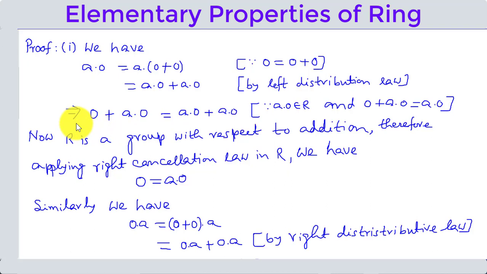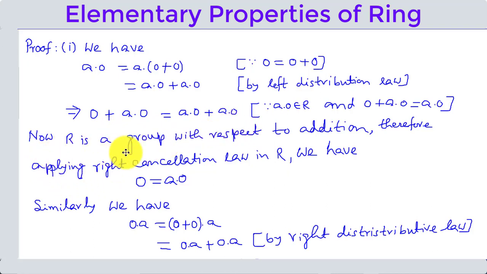Implies that 0 plus a dot 0 is equal to a dot 0 plus a dot 0, as a dot 0 belongs to R and 0 plus a dot 0 is equal to a dot 0. So here we can add 0 on the left hand side. So we get 0 plus a dot 0 is equal to a dot 0 plus a dot 0.